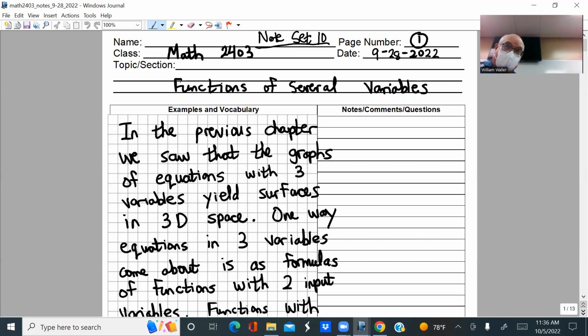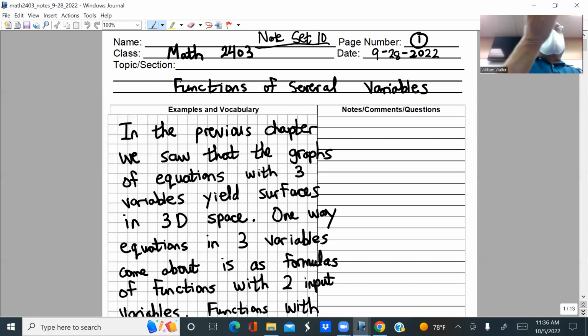In calculus 1 and 2, you're dealing exclusively with functions of one variable. That is, you have an input variable, usually labeled x. Then you have some formula or some rule that you insert x into. It could be a formula, it could be a graph. You insert x into your function rule, and you get an output value, usually labeled y.